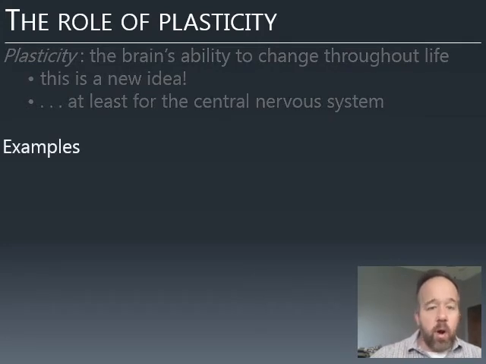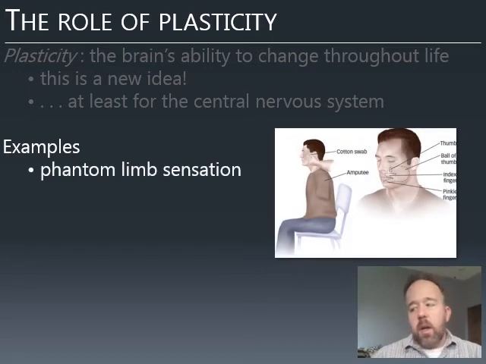So for example, the brain's ability to change itself we see through phantom limb sensation. So when people lose a limb, the parts of the somatosensory cortex that used to be devoted to that limb now aren't getting any input because the limb isn't there anymore. However, over time, the nearby portions of somatosensory cortex can sort of take over those neurons that now don't have a job to do.